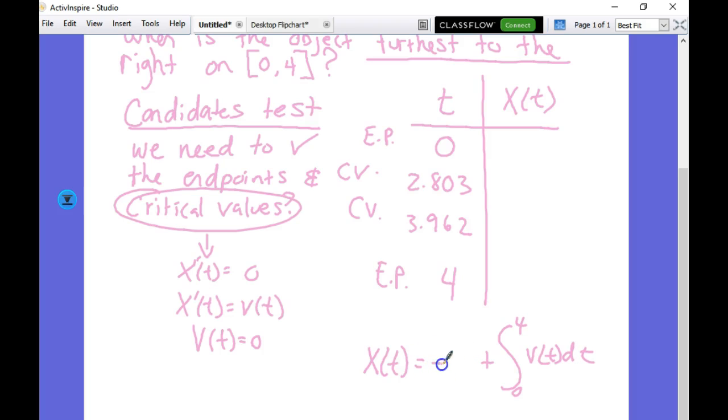That's what we're going to type into our calculator. But actually, you know what? I'm going to change that 4 to a t, because I'm going to be testing a lot of different numbers. I'm going to plug in 0, this, and this. This one we already know. When t is 0, what's x of t? Negative 5.